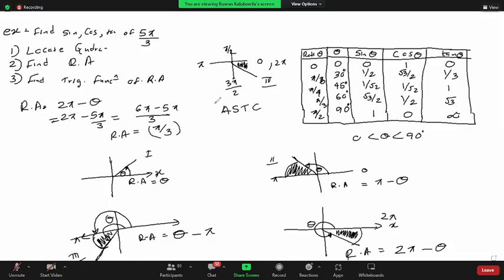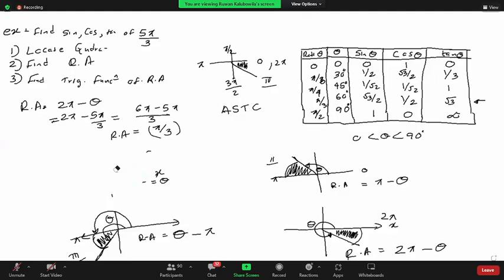Now we come to these angles, but we already know them, right? This section. Okay. Now what do they request? Sine, cos, and tan. Right. Yes. Now we come to the end of this question.